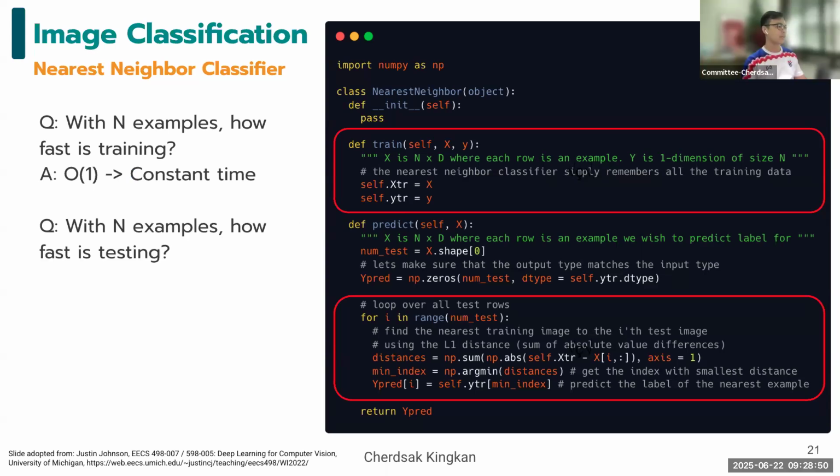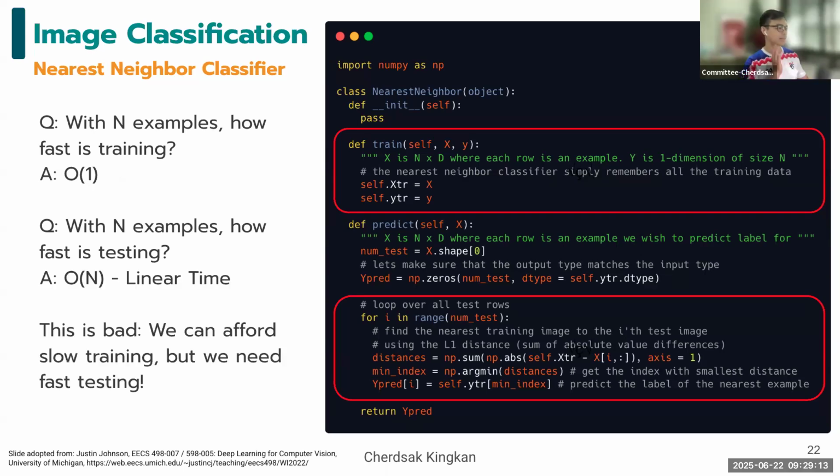All right. So with n examples, how fast is the testing? When we want to perform predictions, how fast can it do it? This loop is O(n) time. Yeah, it's O(n), right? It's linear time. So if you look at this time complexity, this is bad, right?